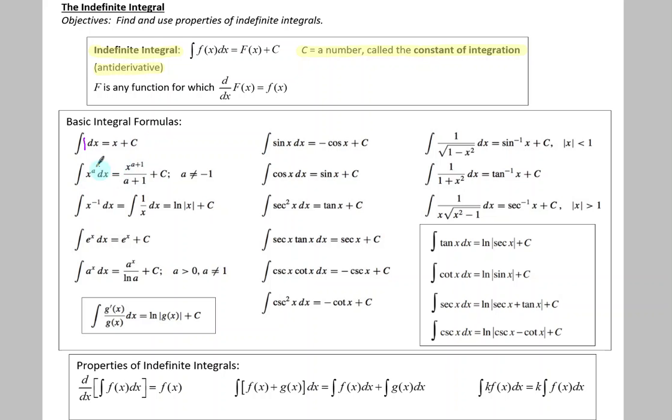We have our power rule that we're used to, where we add 1 to the exponent, divide by the new exponent, and so on, with all of the antiderivatives from derivatives that we've already memorized and must continue to memorize. It's a good idea to make flashcards so that we can continue to practice and know these antiderivatives or indefinite integrals. The ones in boxes are new today, based on something that we're going to talk about soon.